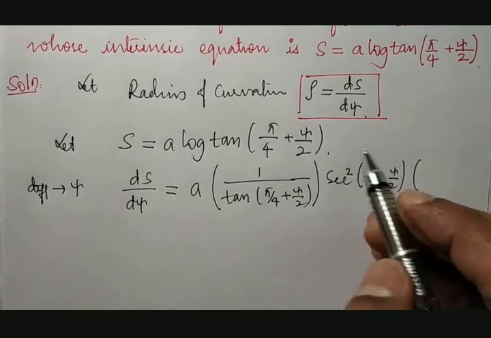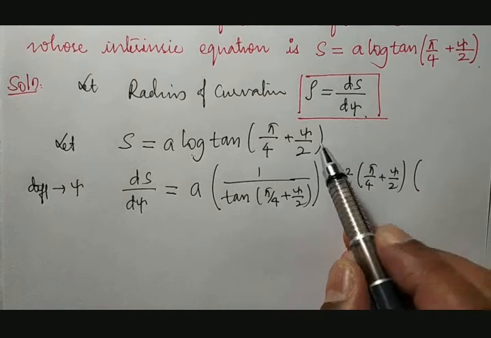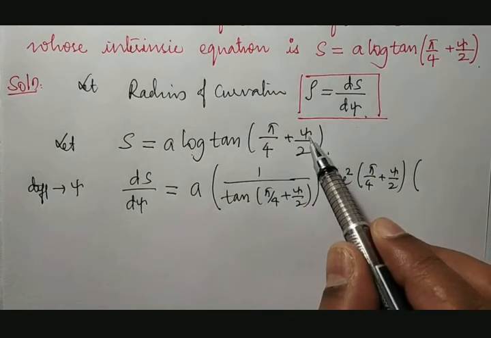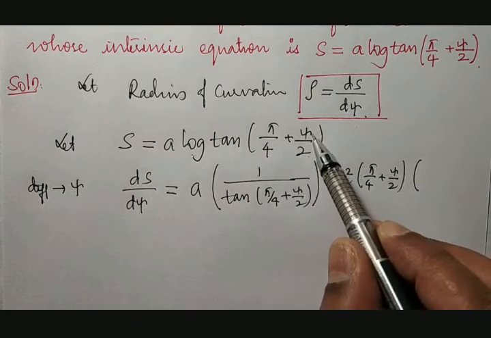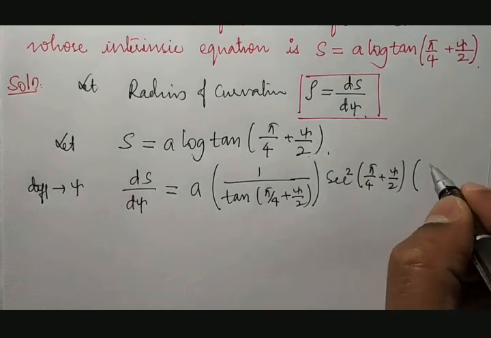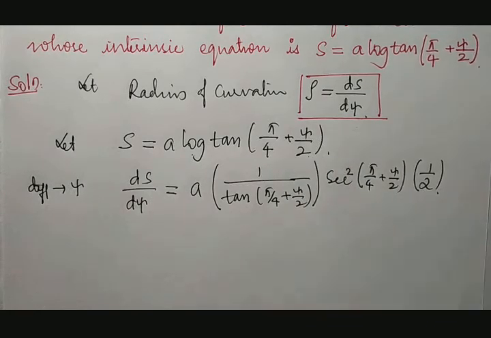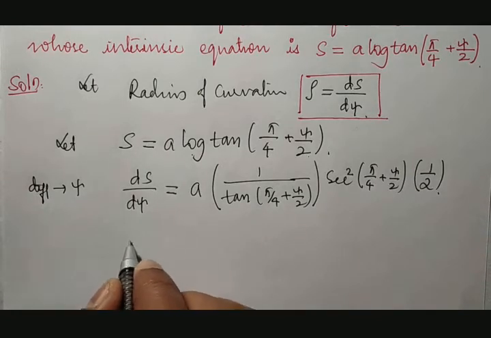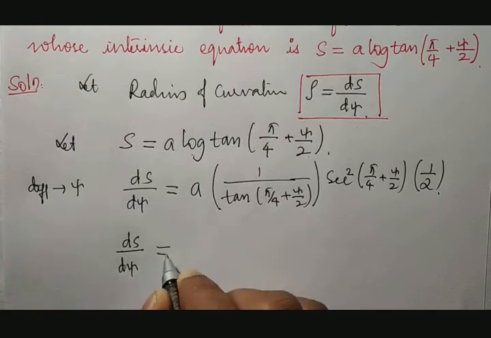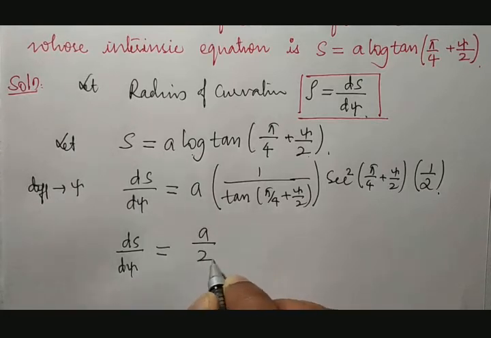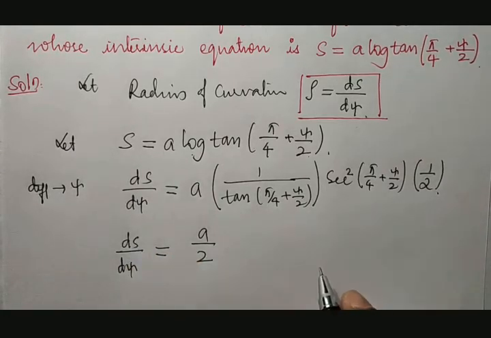Then the differentiation of this bracket will be 0 plus ψ/2, meaning 0 plus the differentiation of ψ/2 with respect to ψ, which is 1 divided by 2. Therefore, ds/dψ is equal to a divided by 2, as this 1 by 2 is taken out.